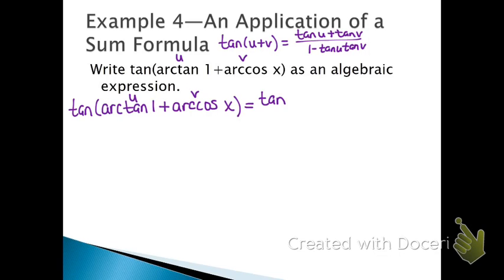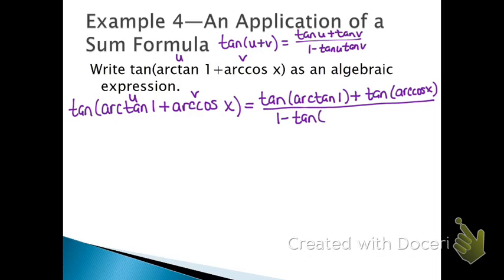So tangent of u, which is the arctan of 1, plus tangent of v, which is the arc cosine of x, over 1 minus tangent of u, which is the arctan of 1, times tangent of v, which is the arc cosine of x.